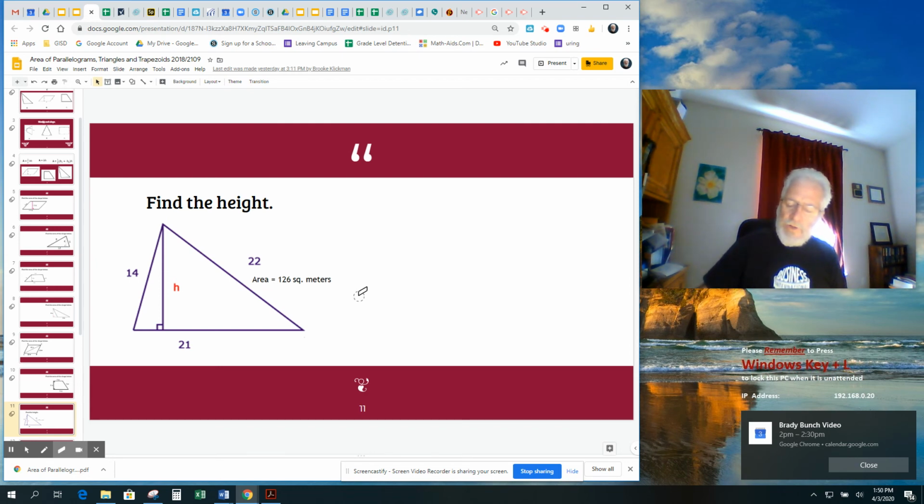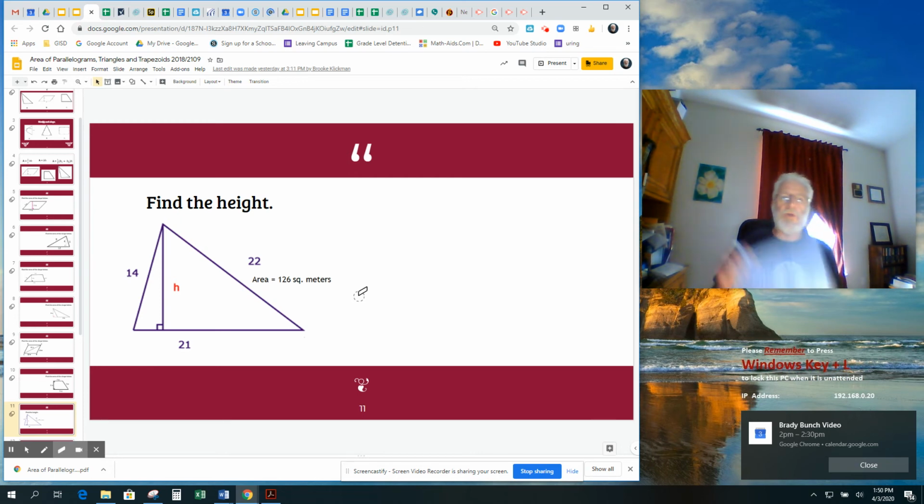And 21 goes into 42 2 times, so 2 times 21 is 42, and that gives me 0. So H equals 12, and it's square meters, so H must be in meters, so 12 meters.